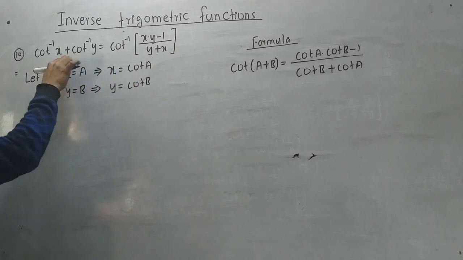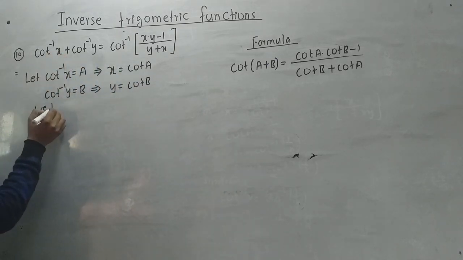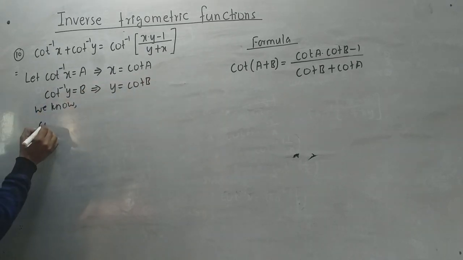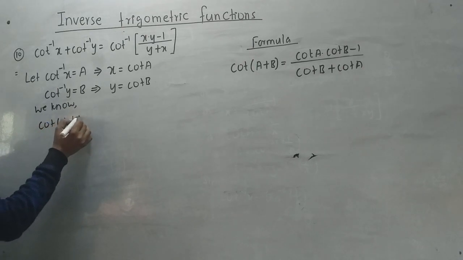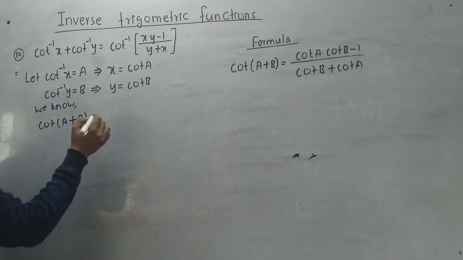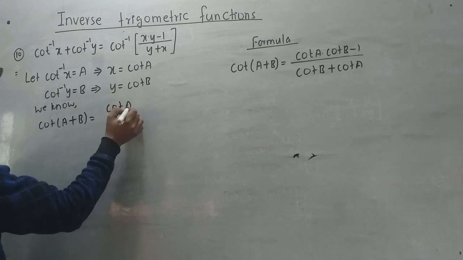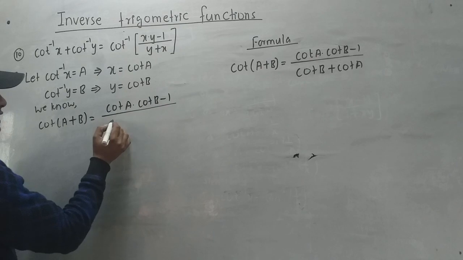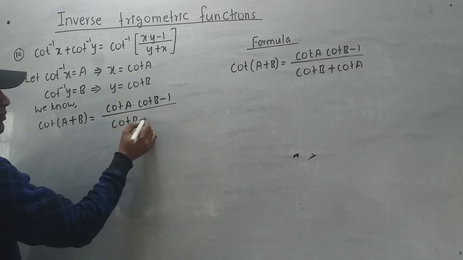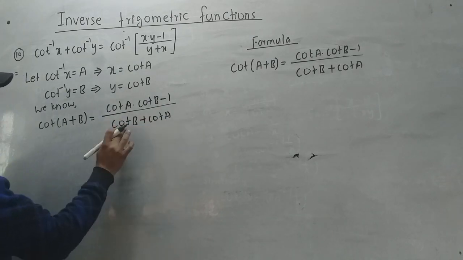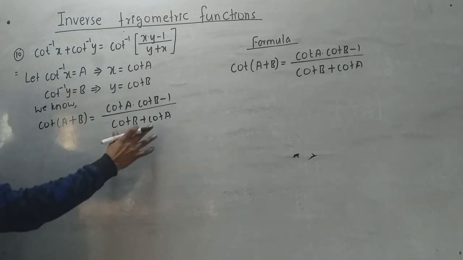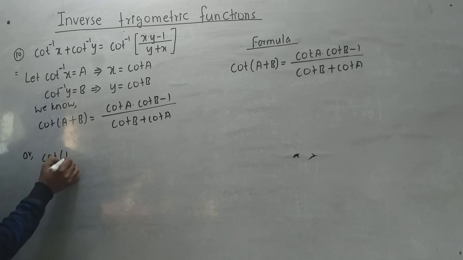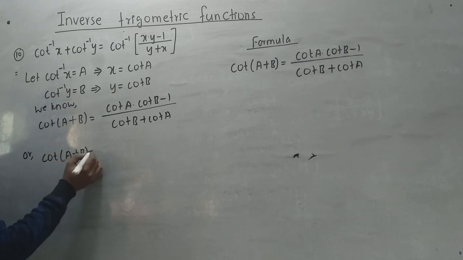Now here it is plus, so we need to apply the formula for cot A plus B, which I have written in the right hand side. So what is the formula for cot A plus B? Cot A times cot B minus 1 whole divided by cot B plus cot A, or otherwise you can write cot A plus cot B, that does not matter in plus here. Or here it is cot A plus B. Now do the replacement.